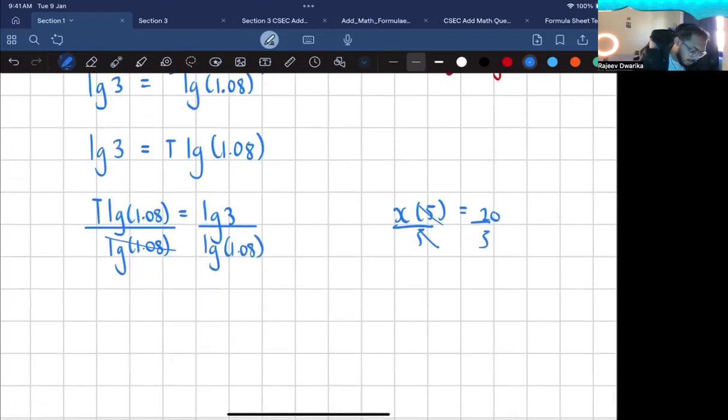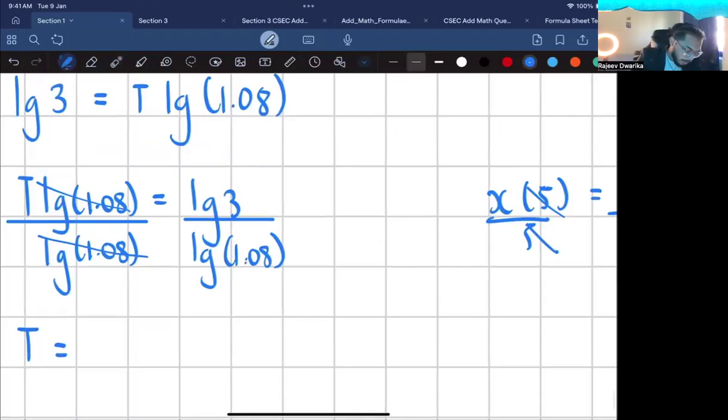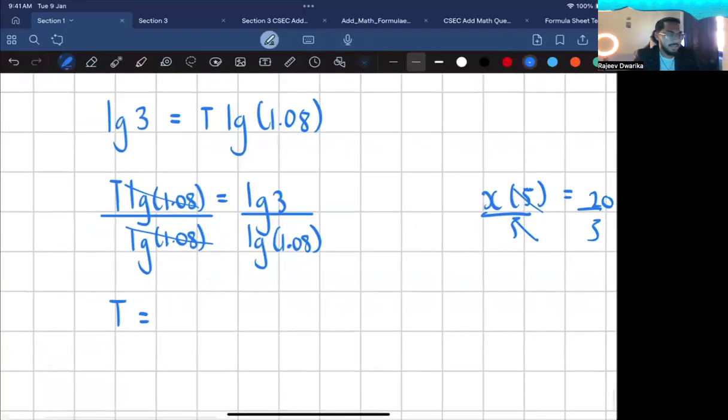So it would cancel off, and t would be equal to log 3 over log 1.08. And remember, lg means log base 10. So put log base 10 of 3 over log base 10 of 1.08 into your calculator, and you get your answer for t.